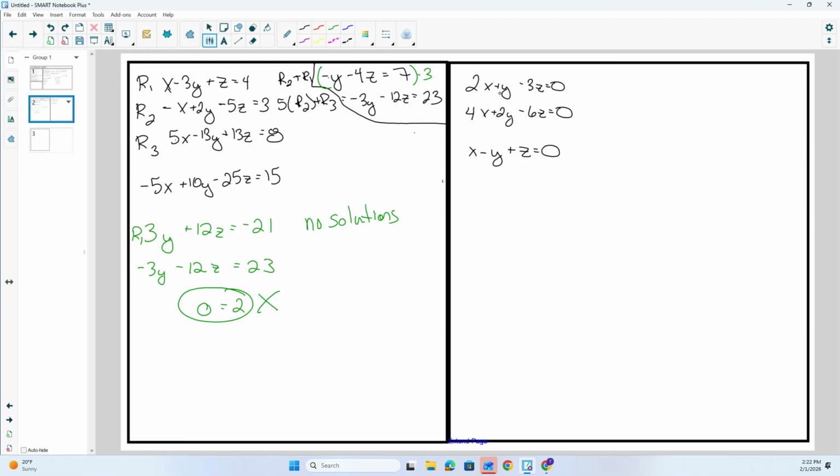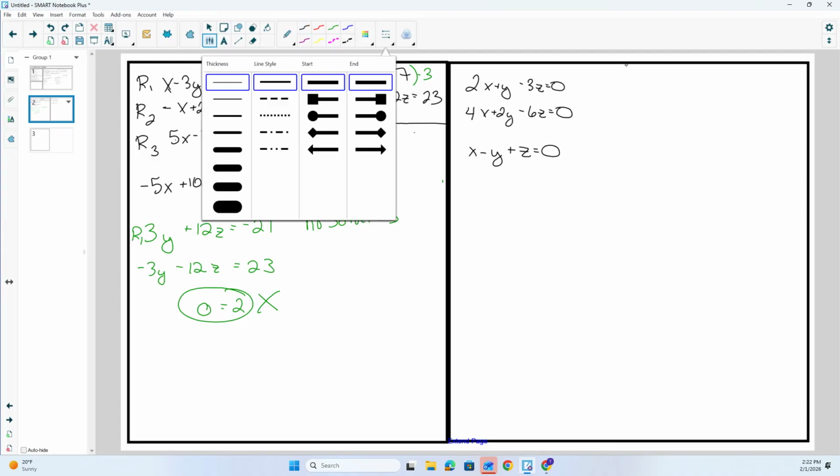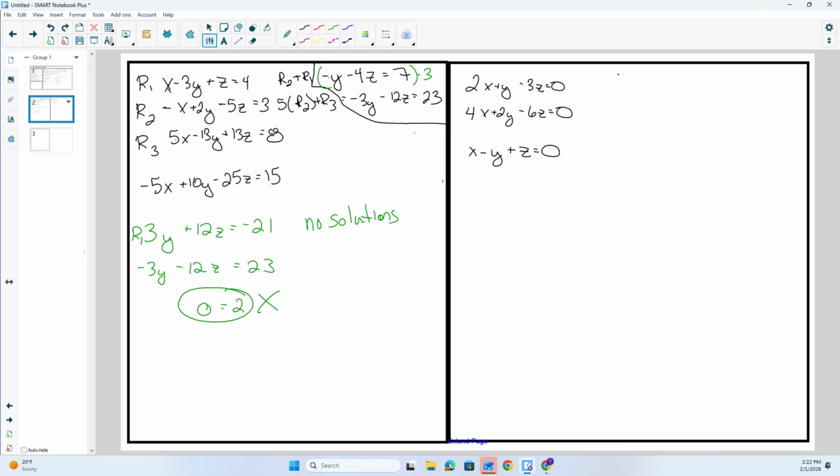Now we're going to look over here. Go back to the black color. And let's see, what do I want to do? How about, I'm going to take this, so this is my R3, R2, R1. I am going to take this one down here, I'm going to take negative 2, and I'm going to multiply R3 by that.